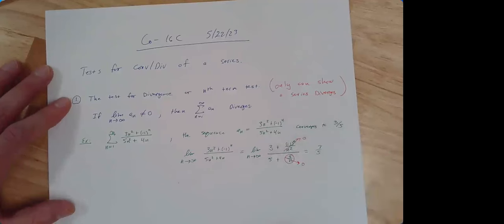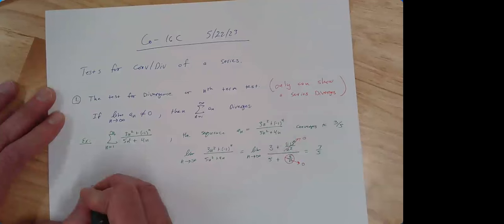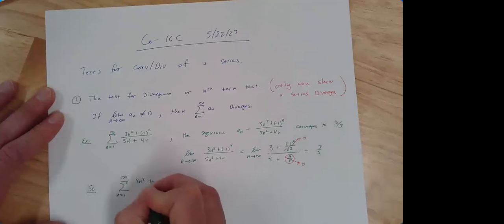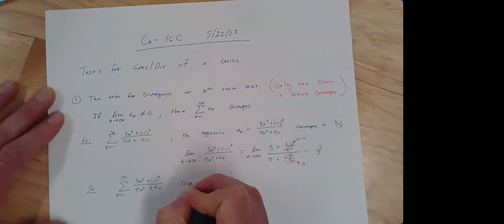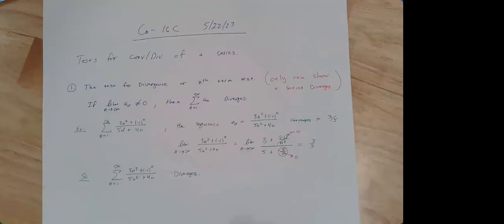So since the sequence converges to not 0, the series must diverge. Great. So the nth term test for divergence can only show divergence.